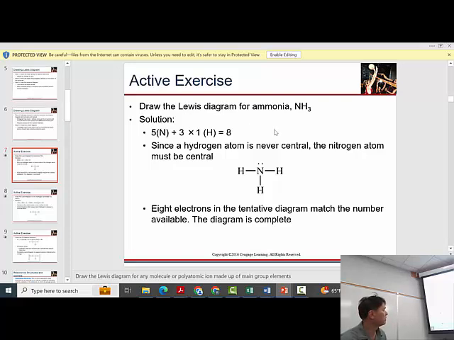So let's do ammonia. Ammonia, nitrogen has 5, hydrogen has 1. And so altogether I have 8. Hydrogen's less electronegative, but it can't go in the center. Hydrogen can only form one bond. Let's throw in some additional rules here.